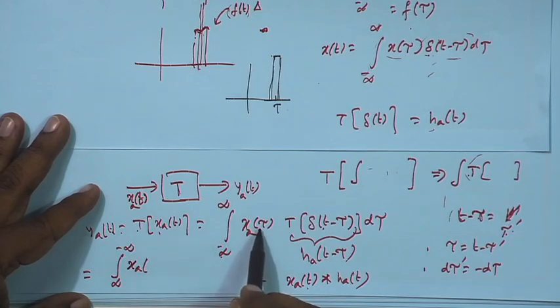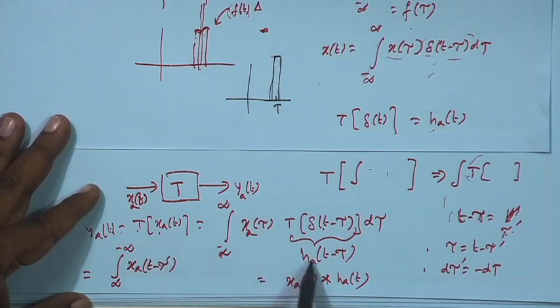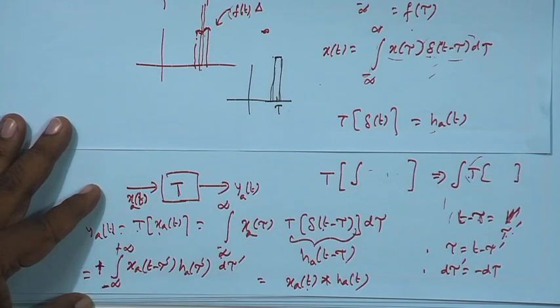x a, instead of tau it is t minus tau prime, instead of h a t minus tau it is tau prime, and d tau is minus d tau prime. So, minus will go here, d tau prime, and this minus can be absorbed by again reversing the sign of the integral.